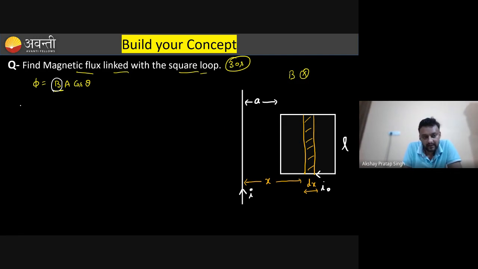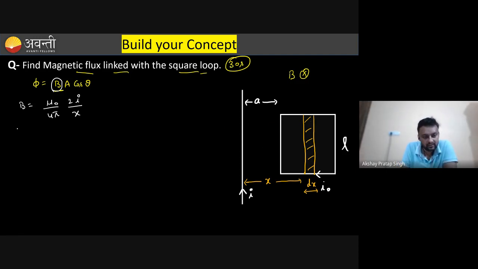What is the magnetic field for a long wire? You need to remember, that was mu naught over 4 pi, 2I by A. A is the perpendicular distance. At what distance are we calculating? We are calculating at a distance x. This is the magnetic field at this small element.